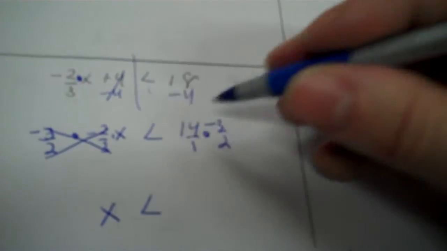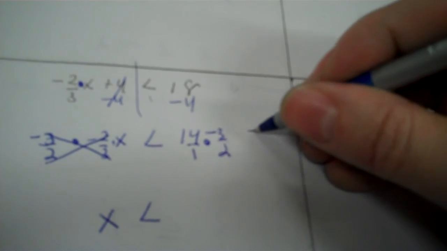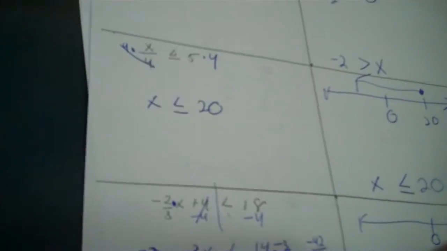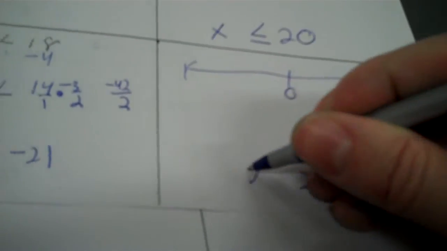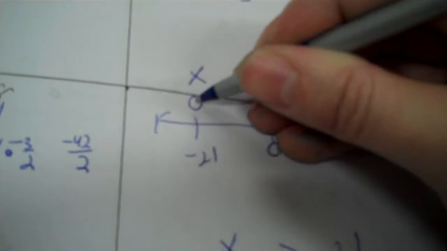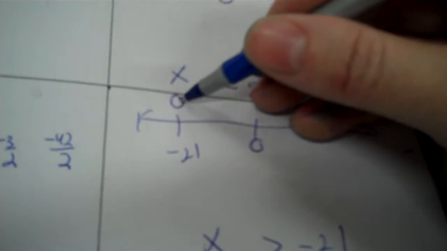You put a 1 under. 14 times -3 is -42. 1 times 2 is 2. Now I divide that, -21. But remember, because I had a multiplier of a negative, the sign flips. So x, -21. Circle. It opens up towards x, so it goes this way. Again, use that to guide you.